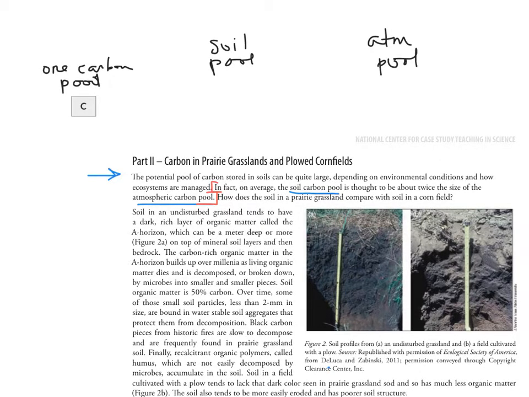So I'm setting up my soil pool, and my ATM is my atmospheric carbon pool up there. So the author tells us, in fact, on average, the soil carbon pool is thought to be about twice the size of the atmospheric carbon pool. So I let the soil pool have 2 blocks of carbon, considering that's twice the amount that the atmospheric pool has. The atmosphere only has 1 carbon.